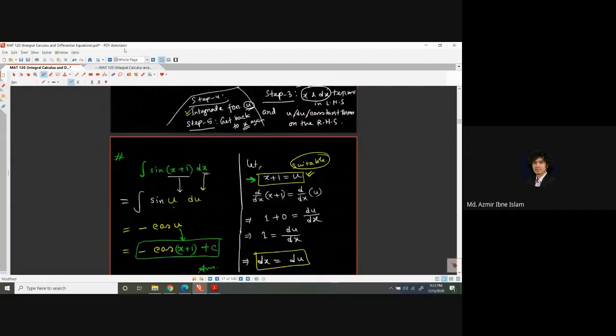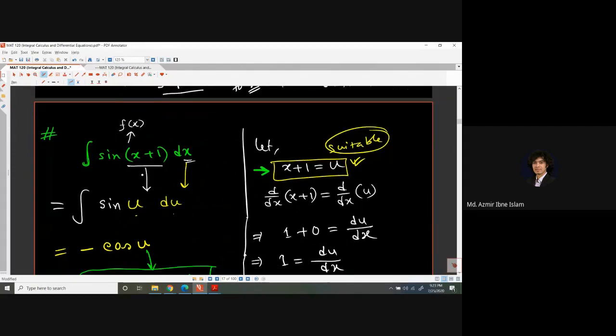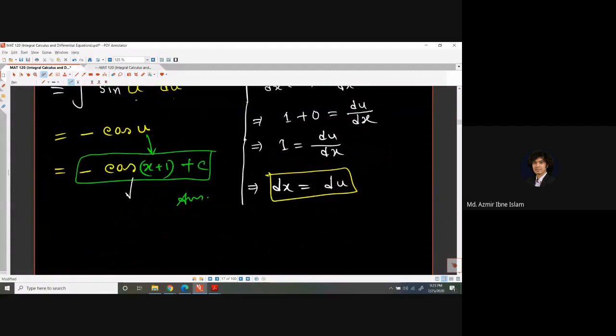So have a look here, which function is small f and which function is capital F. At first figure out this is a small f function, that is small f of x, and after this integral, whatever we have found, that is capital F, or it is called the antiderivative.